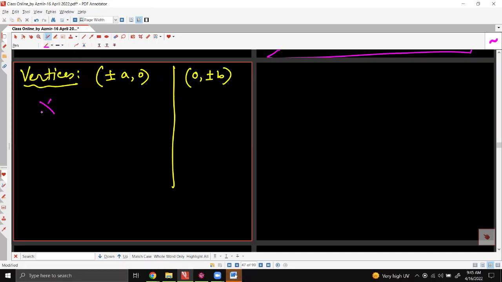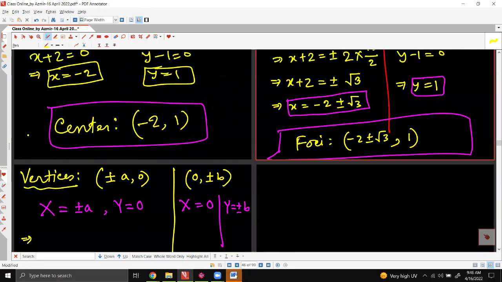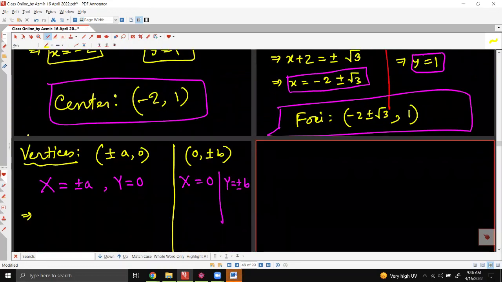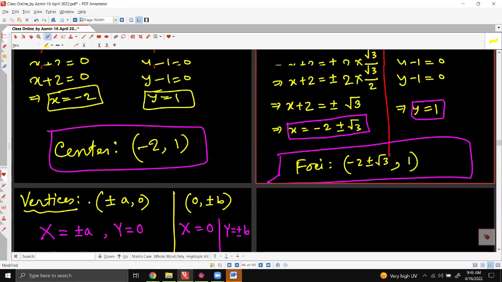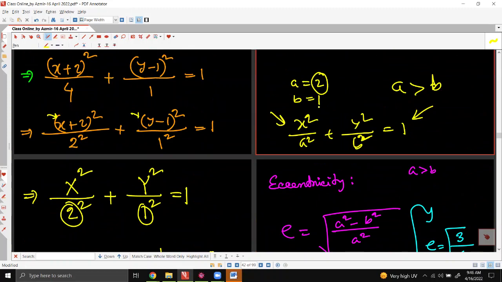So x equals plus minus a, y equals 0, x equals 0, and y equals plus minus b. So there will be total 4 points. So X, that is capital X, is x plus 2 equals plus minus a. A means 2 and b is 1.